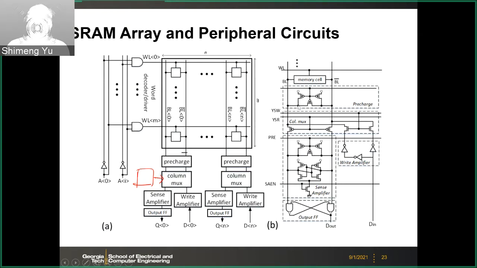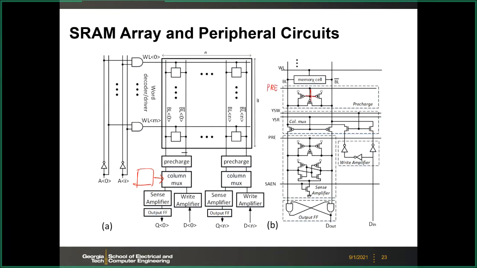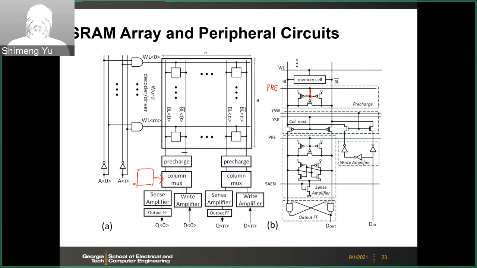The 3 transistors are controlled by the same enable signal. So here you will have a pre-charge enable signal to control those 3 transistors. Those are 3 PMOS, and this will be attached to VDD.